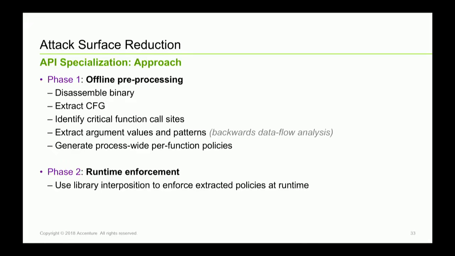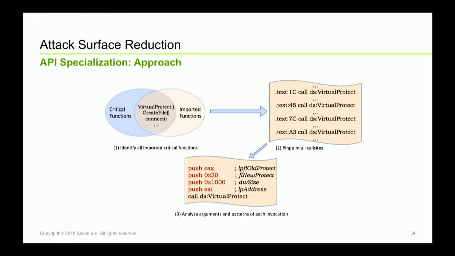Then we generate a process-wide, per-function policy, which means that we enforce a certain behavior for specific API calls. At runtime, it's classical library interposition, and we leverage something from Microsoft Research. So what does it look like in practice? This is basically the same as before, but in a picture, in case you didn't like my explanations. Basically, we look at the intersection of the critical functions and the functions imported by the application.